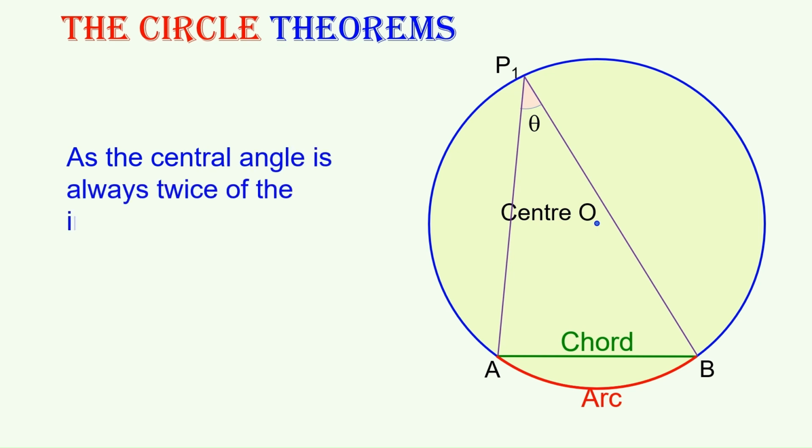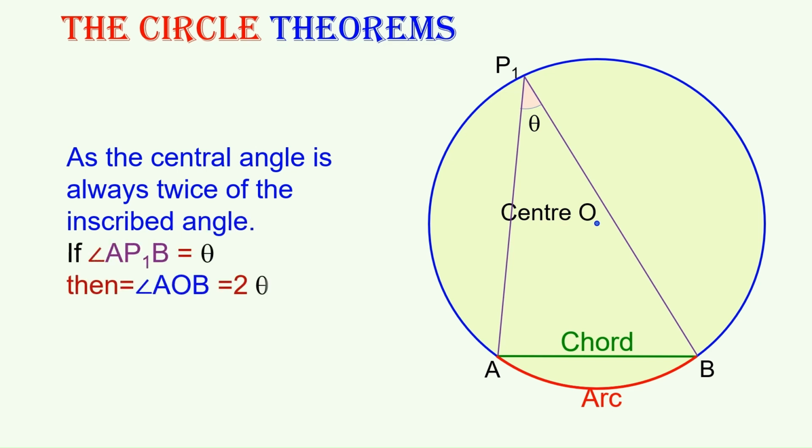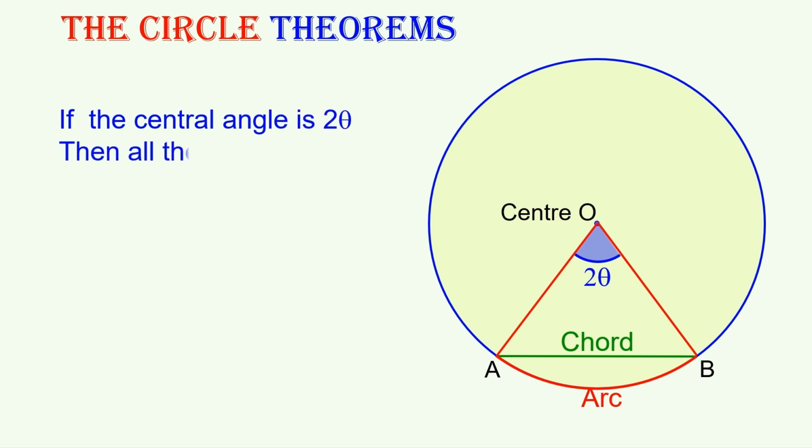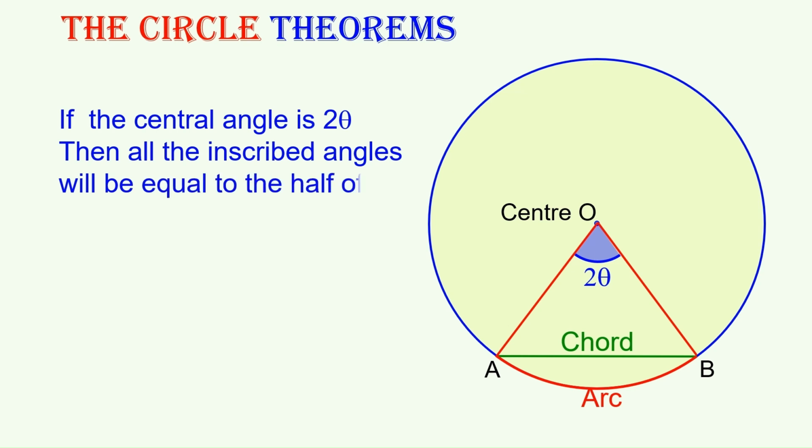As the central angle is always twice the inscribed angle, if angle AP1B equals theta, then central angle AOB equals 2 times theta. If the central angle is 2 times theta, then all the inscribed angles will be equal to half of the central angle, that is theta.